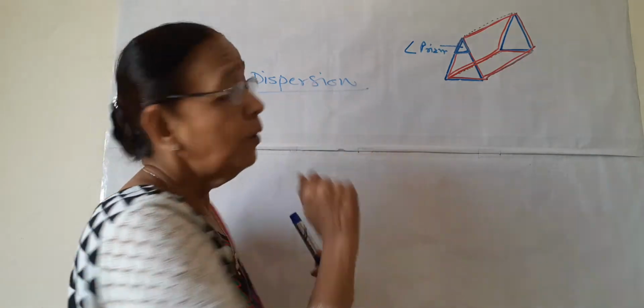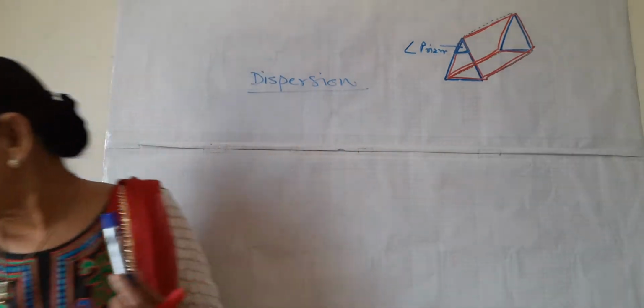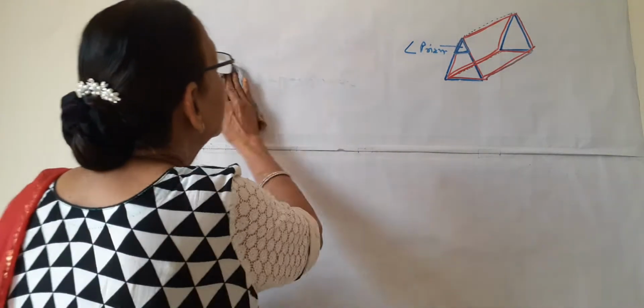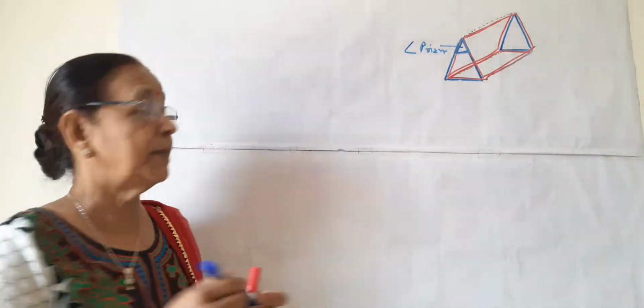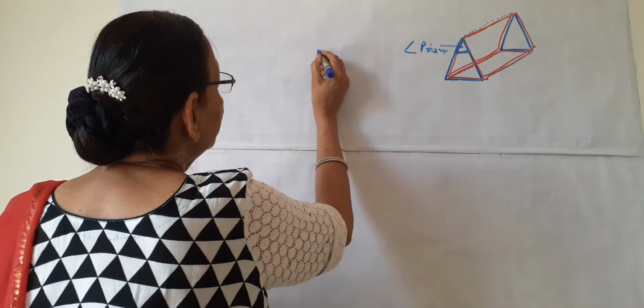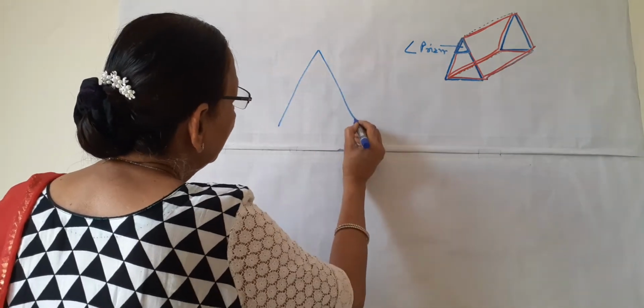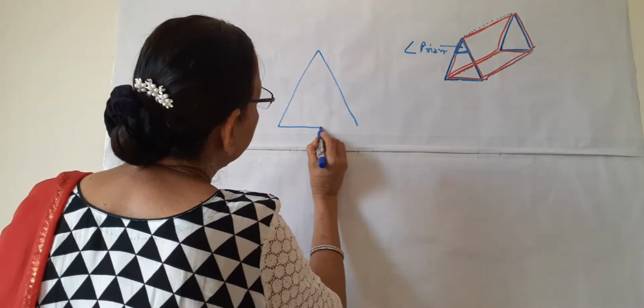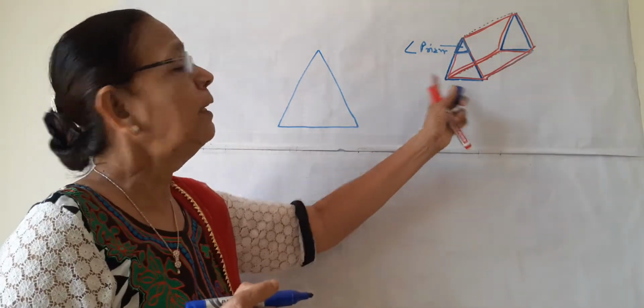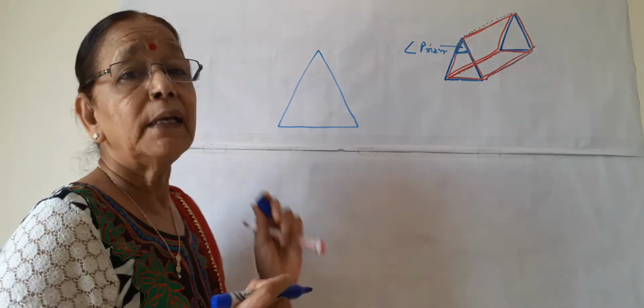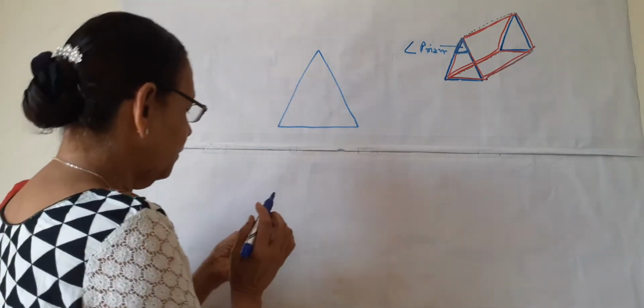So this is how we will see in the lab that dispersion of light takes place by a prism, by a triangular prism. So what is the experiment done? Again, the figure is made taking only one face of the prism, that is the triangular face.